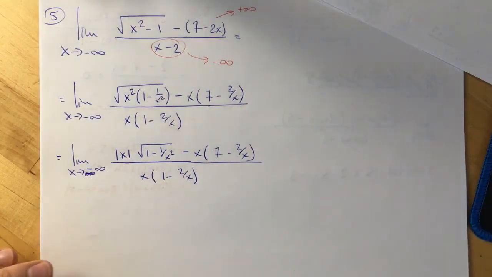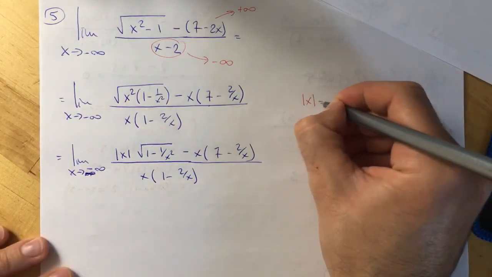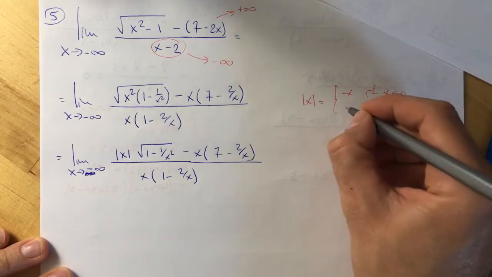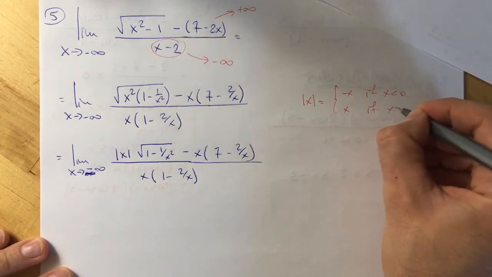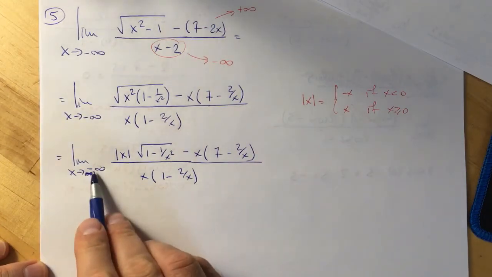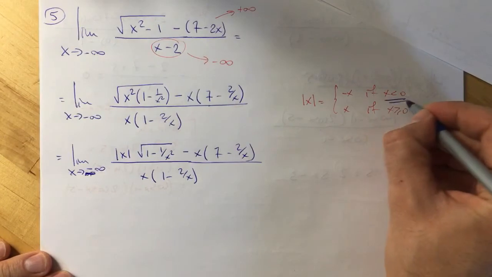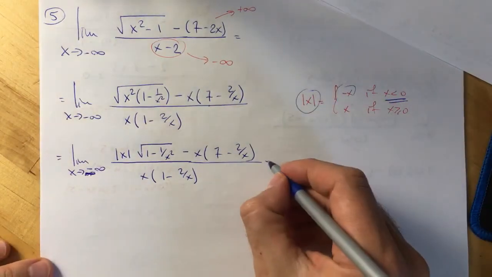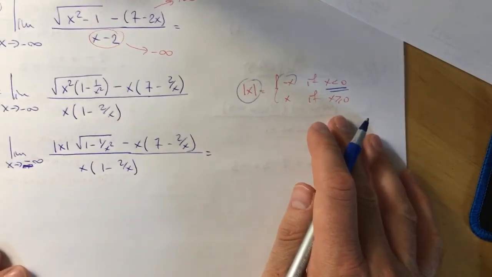Now here, just a reminder, absolute value of x is negative x if x is less than 0, and positive x if x is greater or equal to 0. Now as we go towards negative infinity, all of these numbers are going to be negative, so absolute value of x becomes negative x, and that's how we get rid of the absolute value.